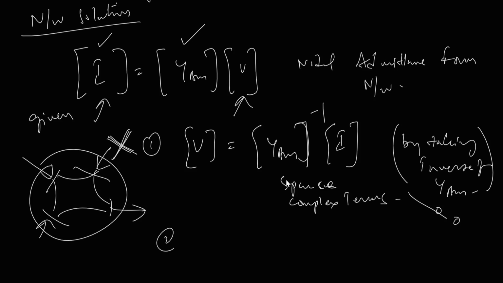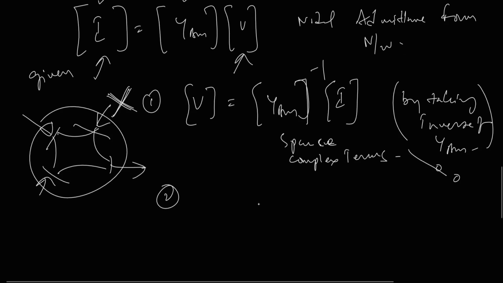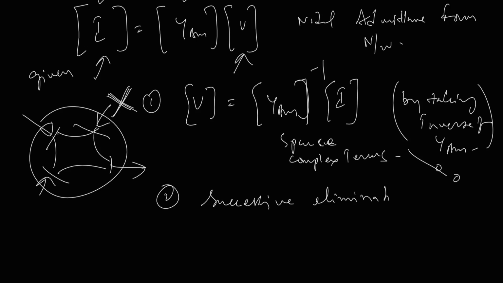Okay, now the second method is the successive elimination method. What you do is you have to make the lower off-diagonal elements 0, right?